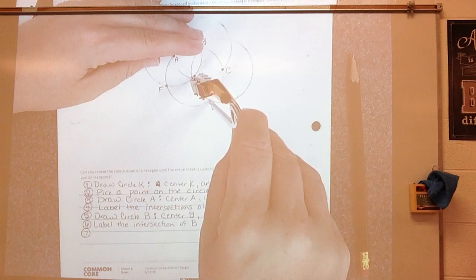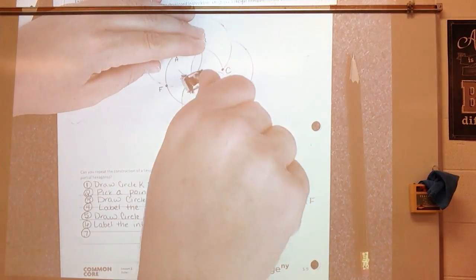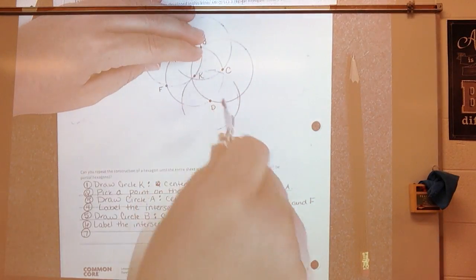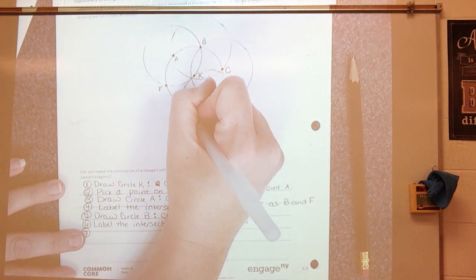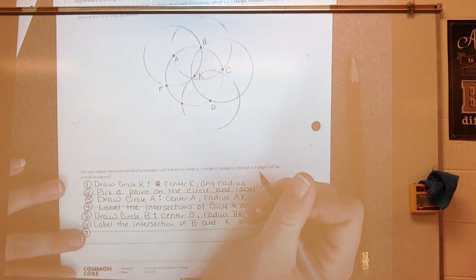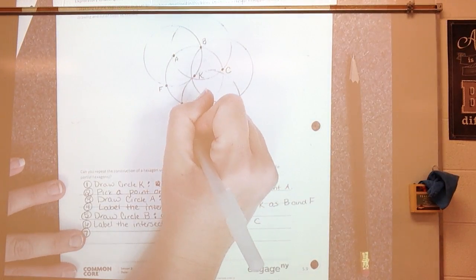Start and stop if you need to. So here's circle D. I've got a new point here. And we're going to name that E.